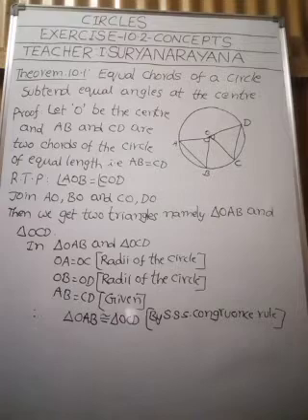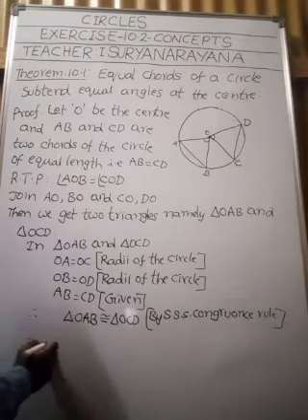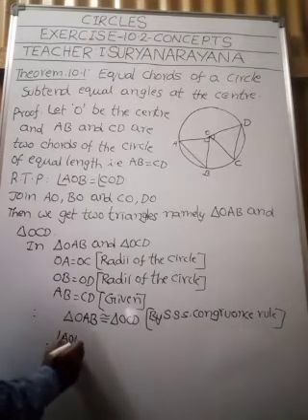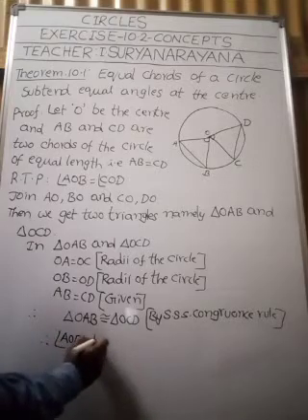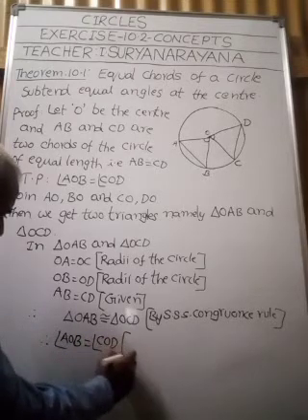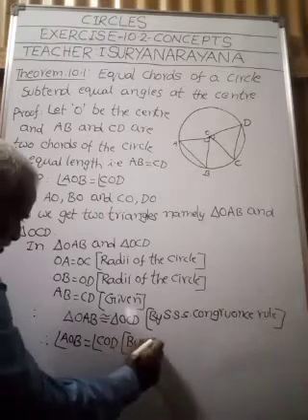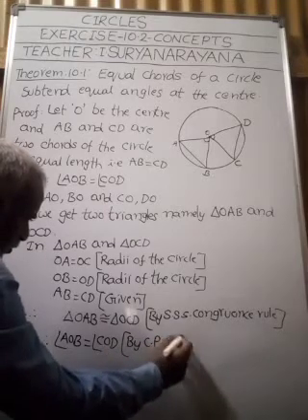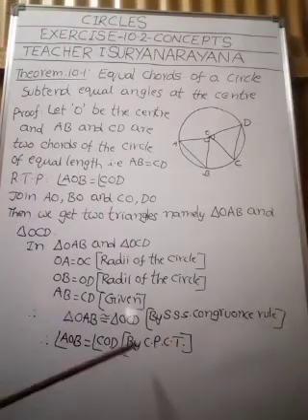Right. So, by CPCT, angle AOB is equal to angle COD. Yes or no, my dear children? Therefore, angle AOB is equal to angle COD by CPCT. What is meant by CPCT?